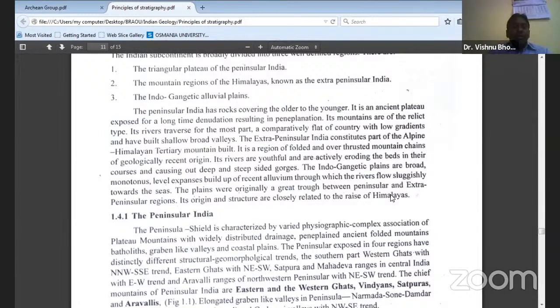When you come to extra-peninsular India, it consists of the part from the Alpine to Himalayan tertiary mountains. The region is folded and overthrusted mountain, and these are formations of geologically recent origin.